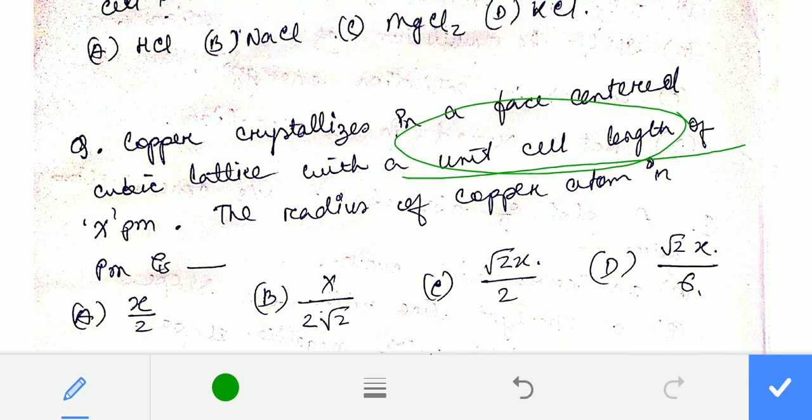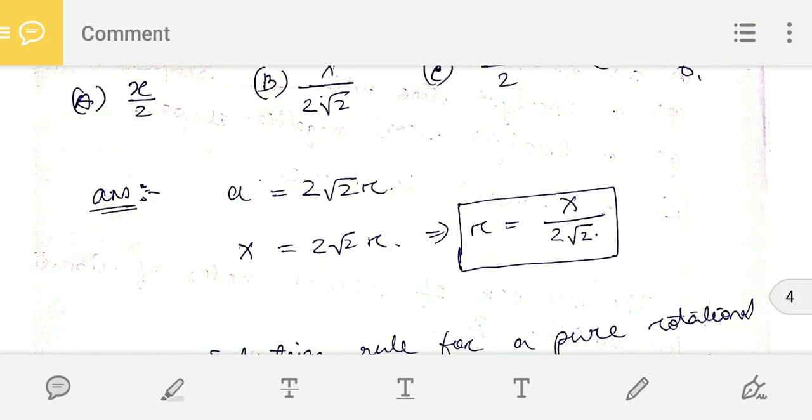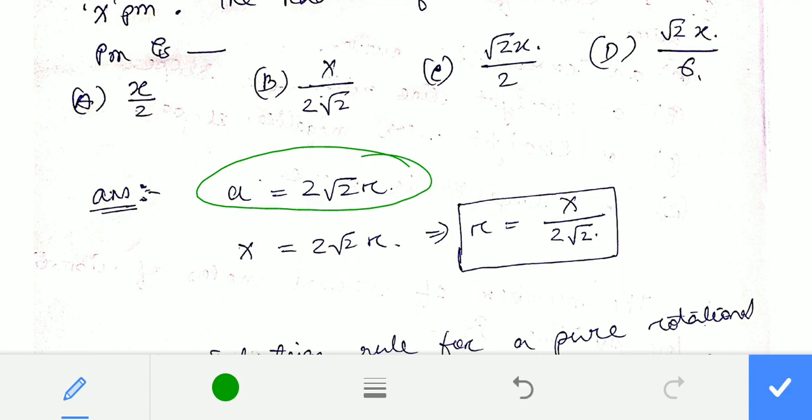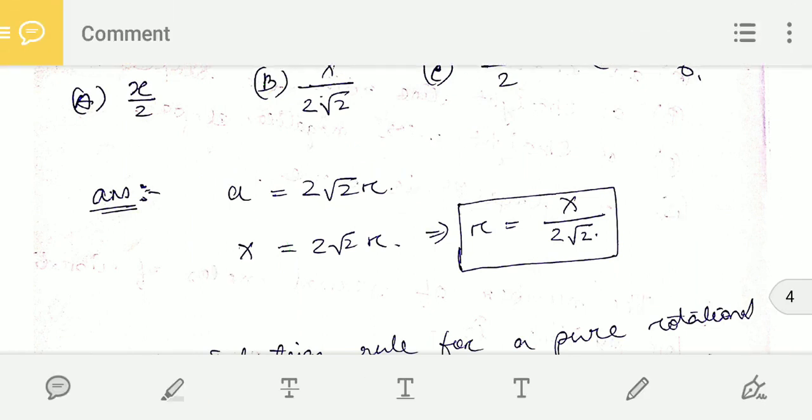We need to calculate the radius of the copper atom. Since it is an FCC cubic unit cell, a will be 2 root 2 r. Here a is given as x picometer, therefore r will be x by 2 root 2 picometer. Therefore the right option for this question is option B, x by 2 root 2 picometer.